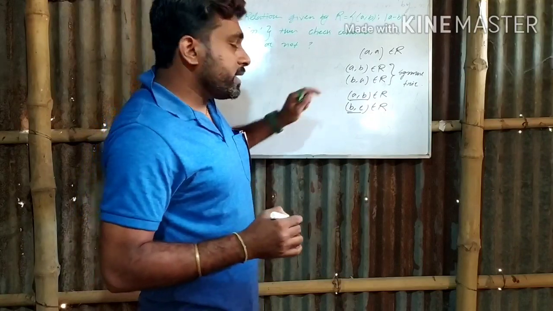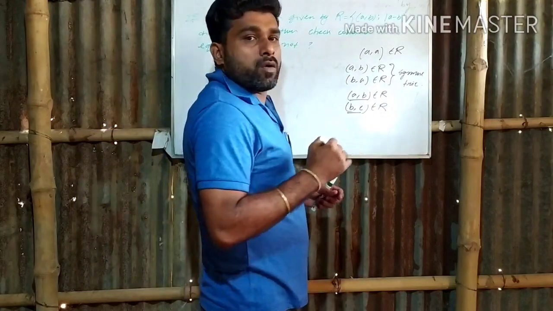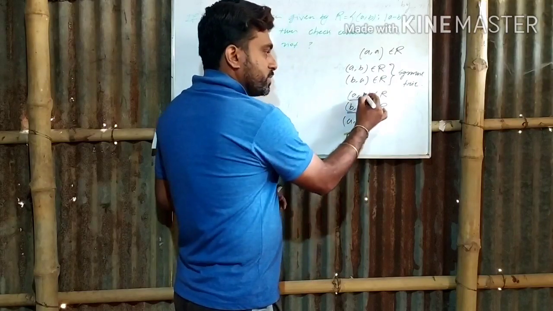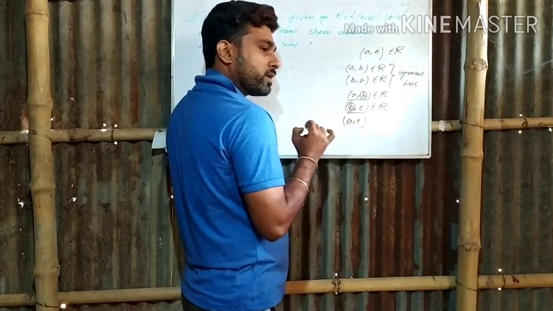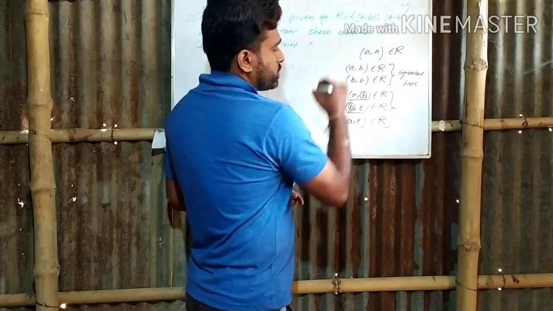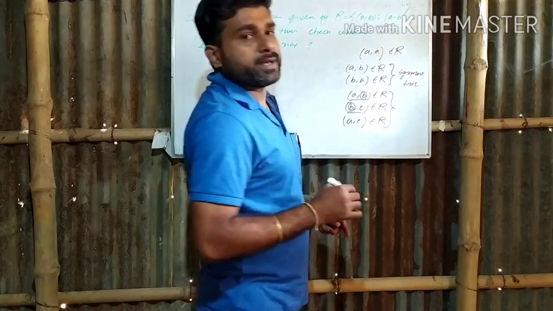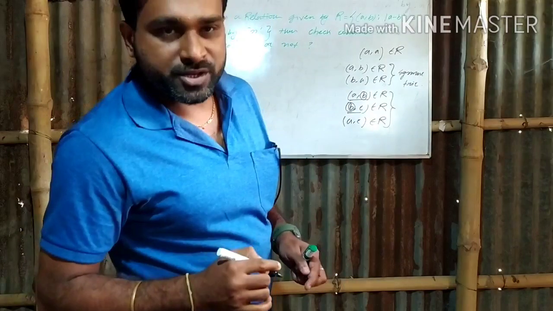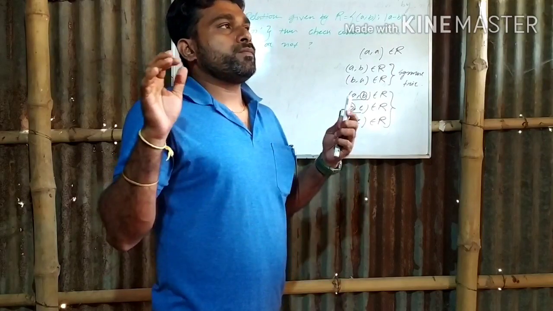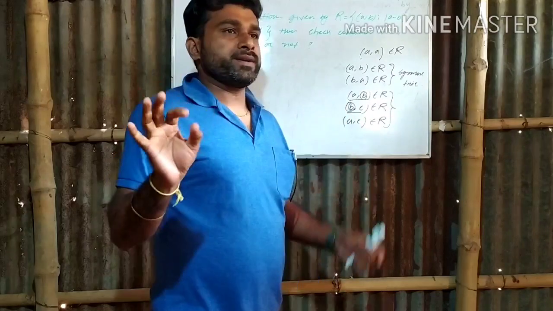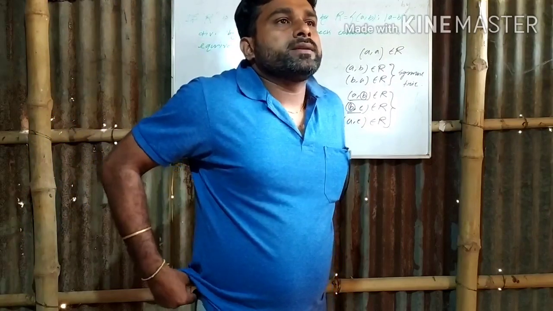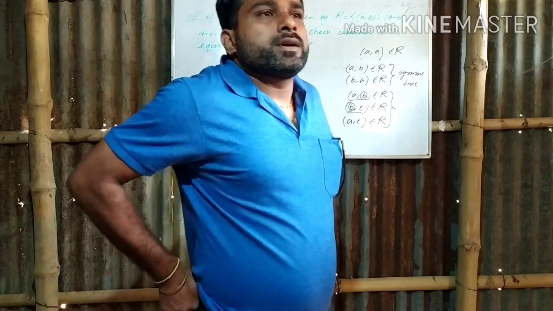Combining these two, using this middleman b, if the other ordered pair (a, c) belongs to R, then the relation is called a transitive relation as well. So if a relation satisfies all 3 properties, reflexive, symmetric, and transitive, then this relation is called an equivalence relation.